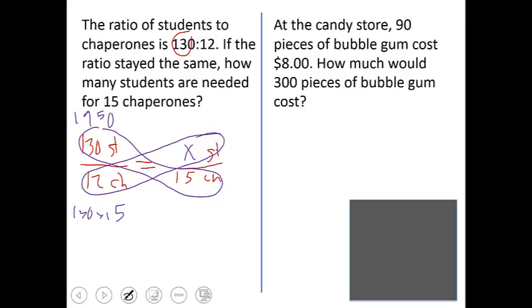This is kind of sneaky, but if I know this is 1,950, I know this side is 1,950. So I'm going to take that 1,950 and divide it by 12. 1,950 divided by 12 is 162.5.